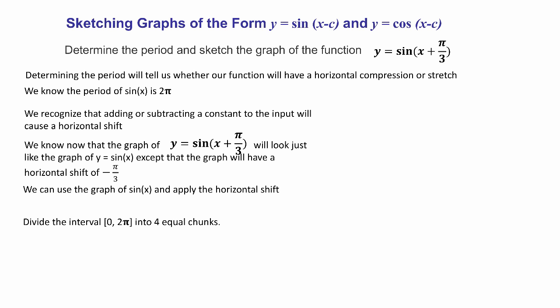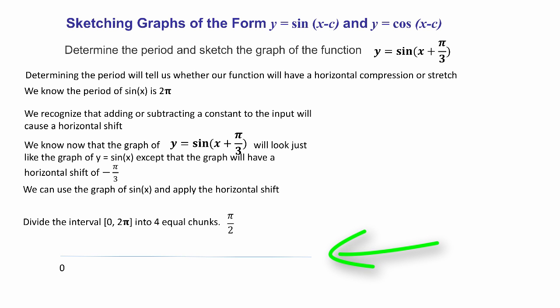So to use the quarter point method, I'll show you that first, and then we'll show you the easier method in this case. We're going to divide our period. So we're going to take the interval from 0 to 2 pi. So that's an interval which is 1 period in length, so 1 repeat of our pattern. We're going to divide that into 4 chunks. So if you take 2 pi and divide it by 4, you get a length of pi over 2. Let's place that on a number line, which you can imagine as the x-axis.